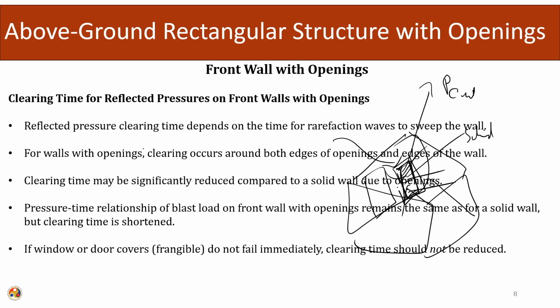An opening is created. So if this is going to happen, then clearing time can be reduced. But if the frangible elements are not failing instantly, then the clearing time should not be reduced, because the pressure will not get this path to traverse through the system.